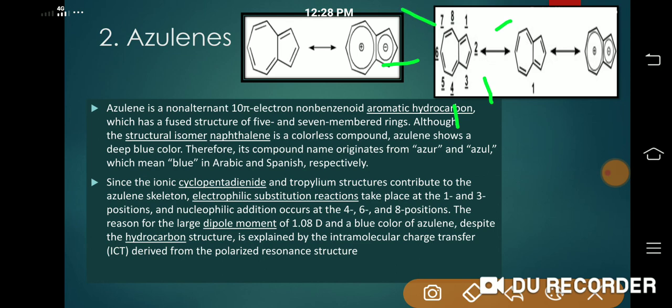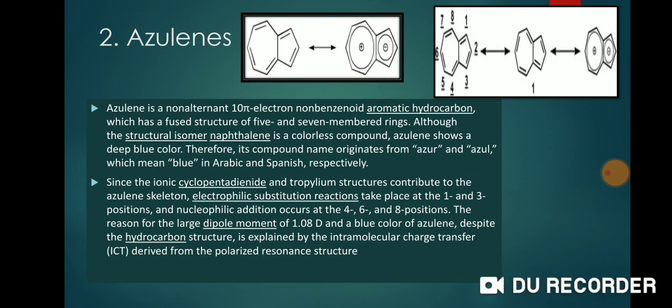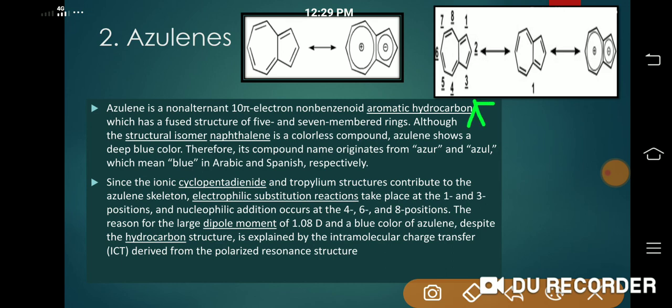The reason for the large dipole moment of 1.08 D and blue color of azulene despite the hydrocarbon structure is explained by intramolecular charge transfer derived from the polarized resonance structure. So, students, in this case we can see this compound, azulene, gives electrophilic substitution at first and third carbon atom.